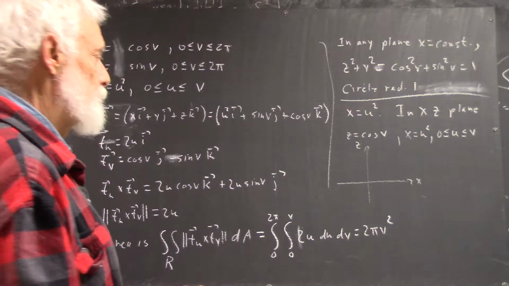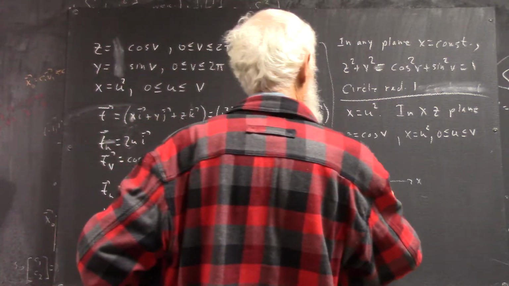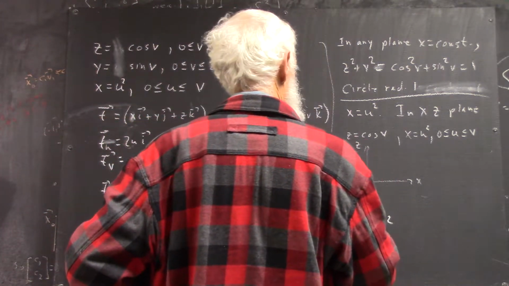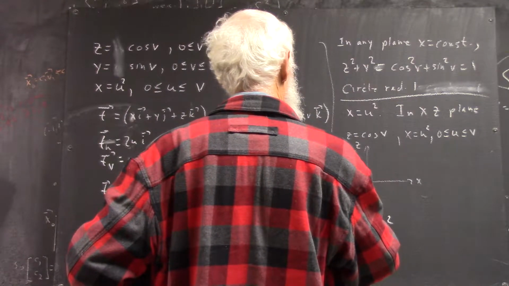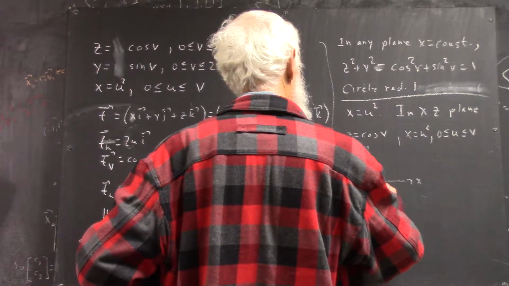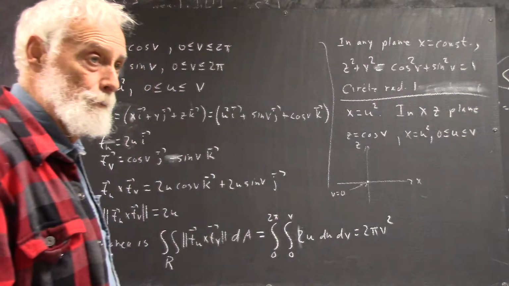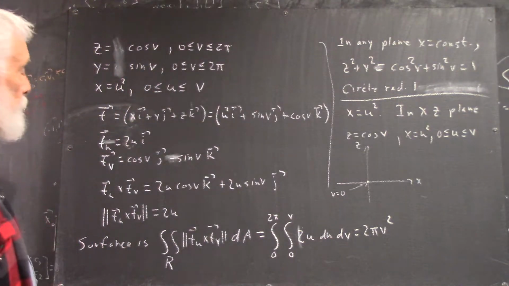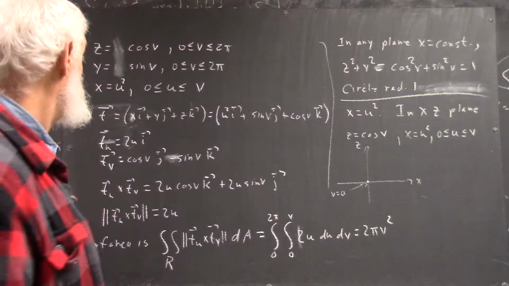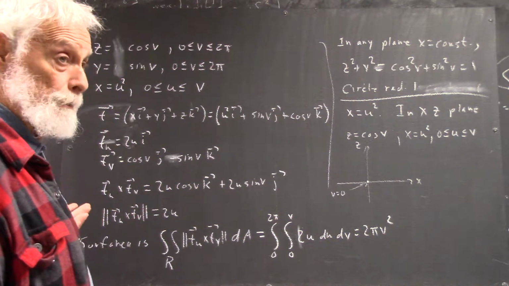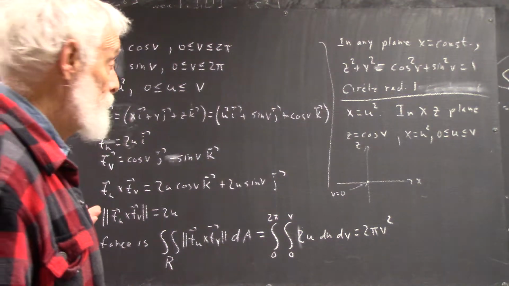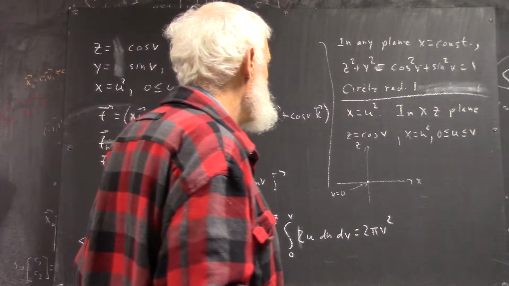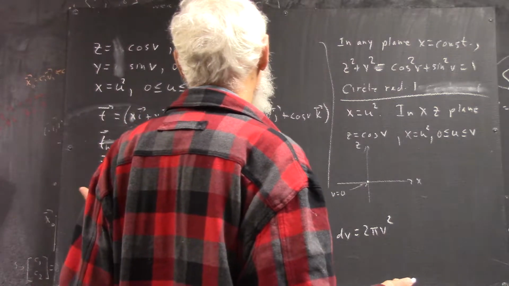For v equals 0, we have only this point. Now for v equals 2 pi, oh, wait a minute, whoa.